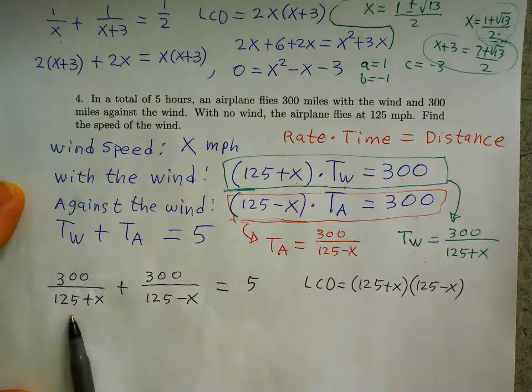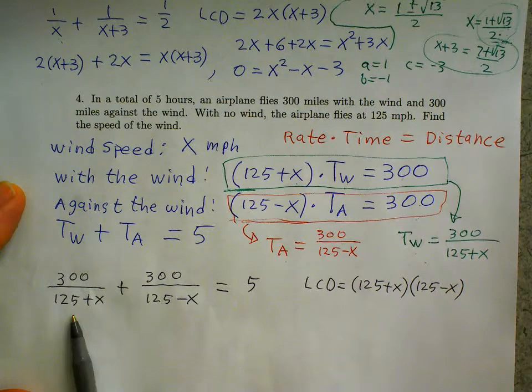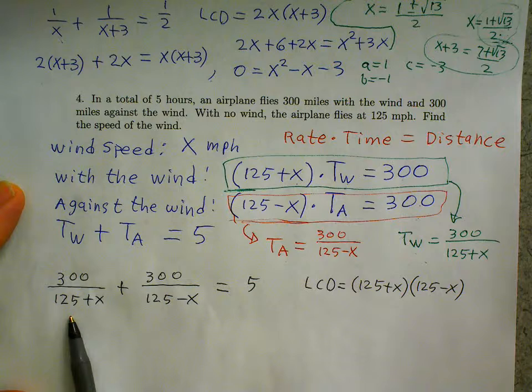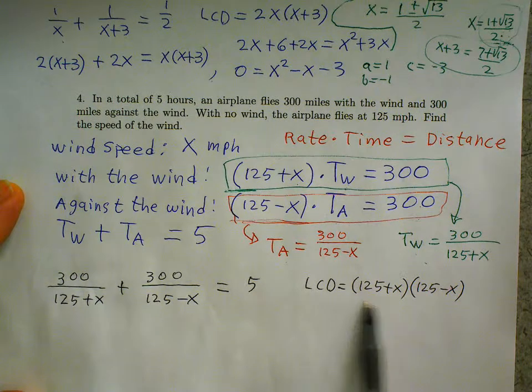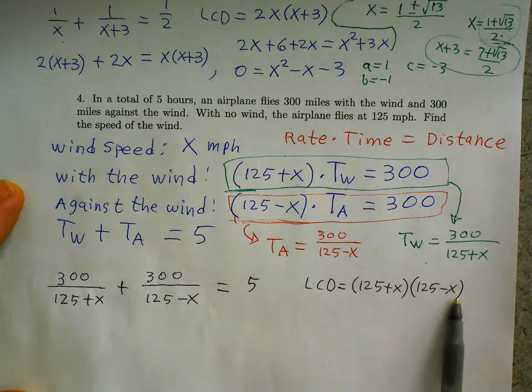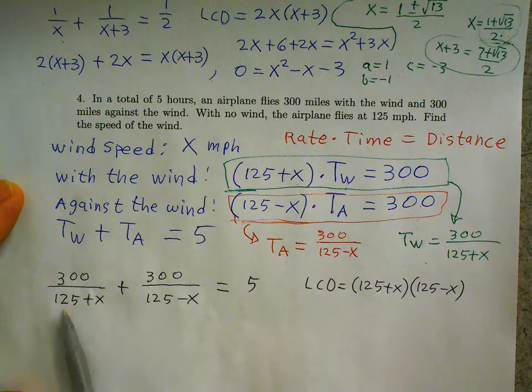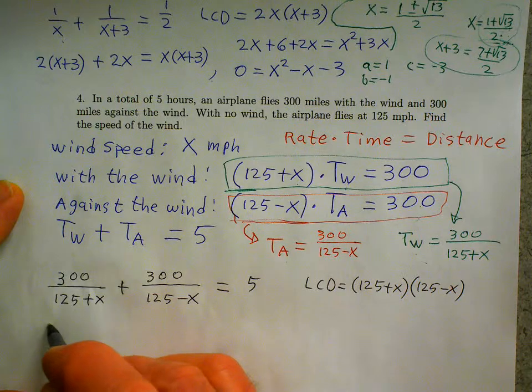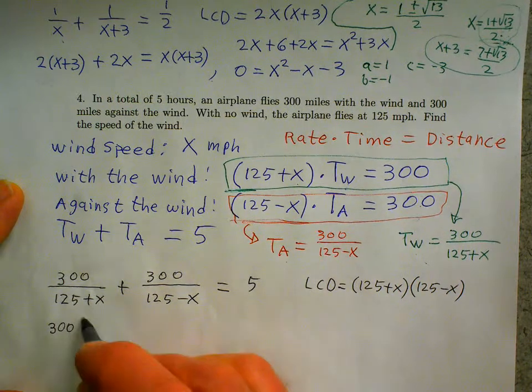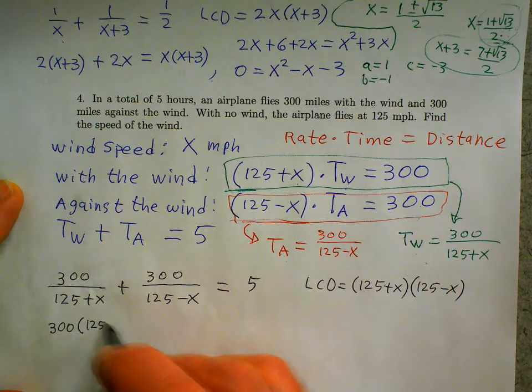When we multiply the first term on the left, 300 over 125 plus x, times 125 plus x times 125 minus x, the 125 plus x factors cancel, so we're left with 300 times 125 minus x.